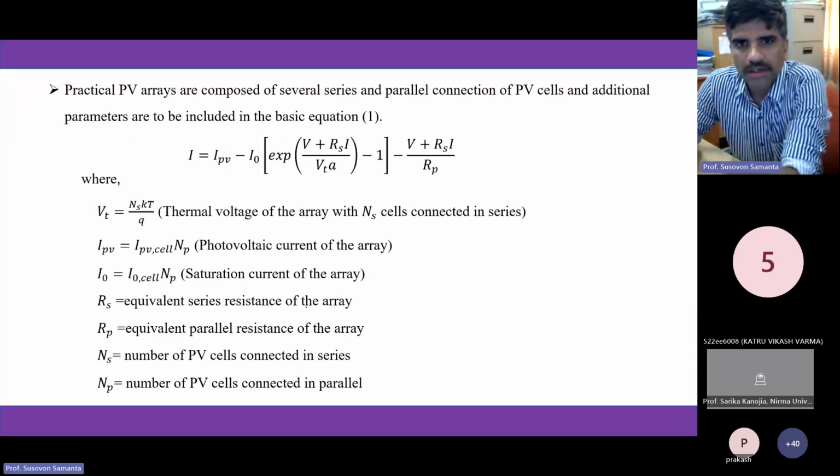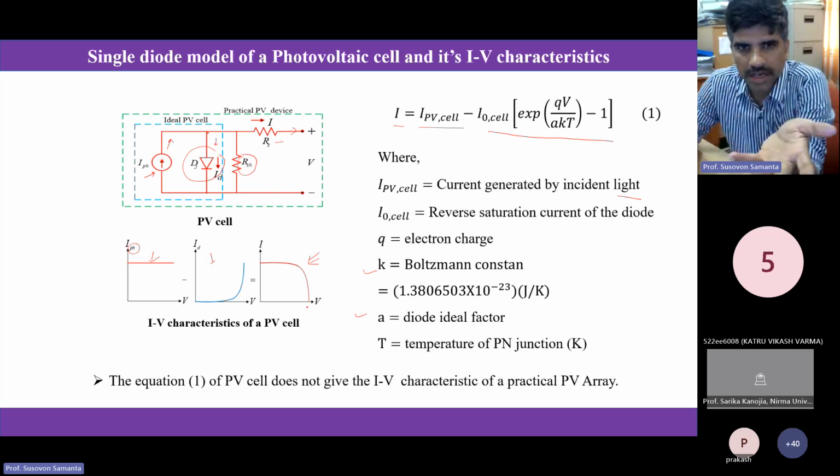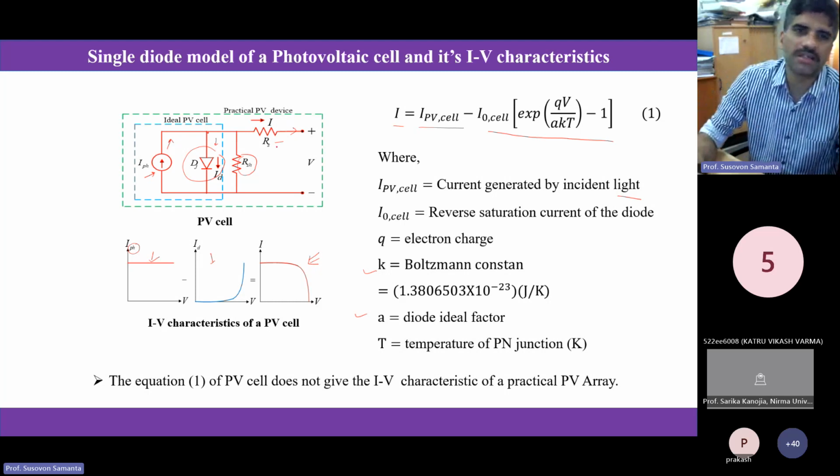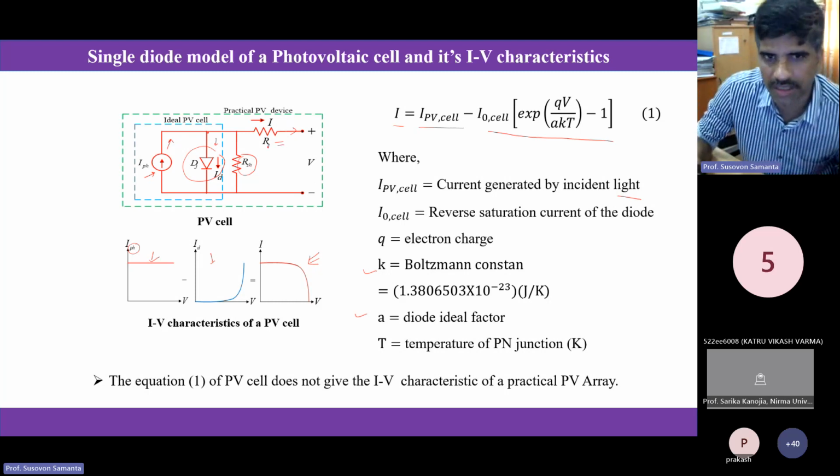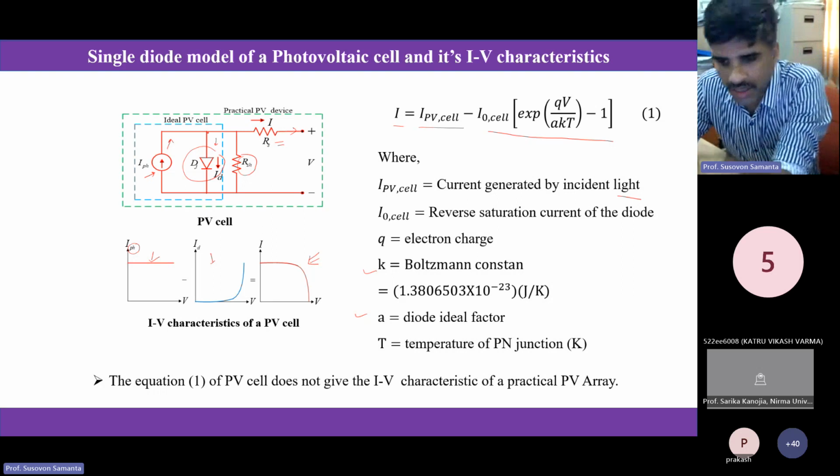Now, because the solar cell has junction resistance and other losses, these can be represented with the shunt resistance and the series resistance. And as I said, it is not only one cell. There are a number of cells connected in series and parallel to form a panel.